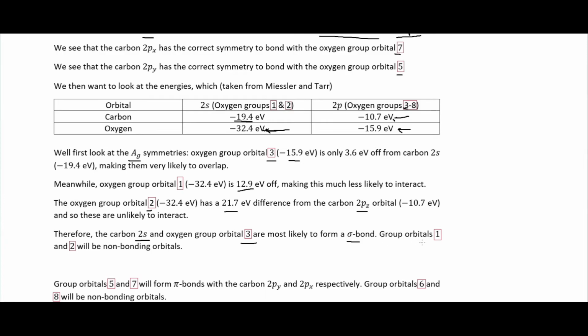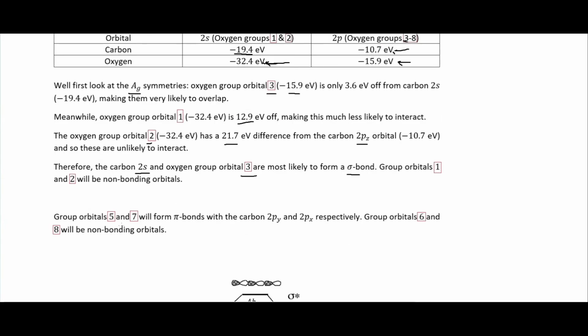So the group orbitals 1 and 2 will be non-bonding orbitals since there is not much overlap there. So the group orbitals 5 and 7, as I said, will form the pi bonds with the carbon 2py and 2px respectively. The group orbitals 6 and 8 will be non-bonding orbitals.